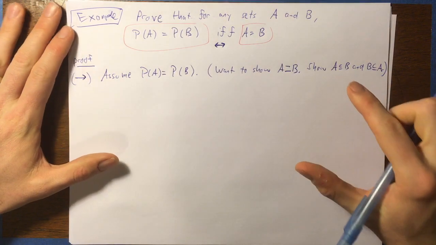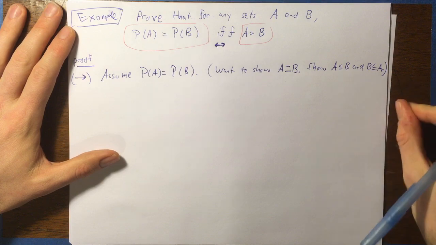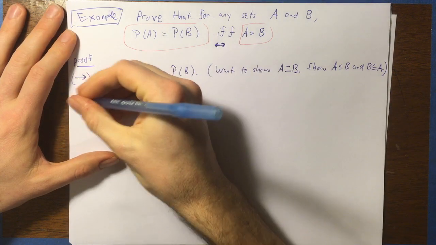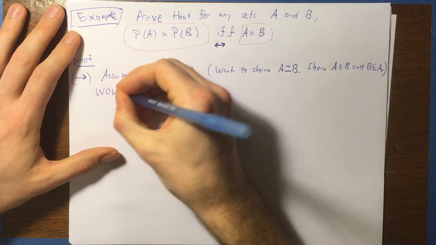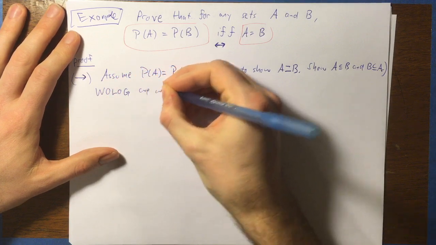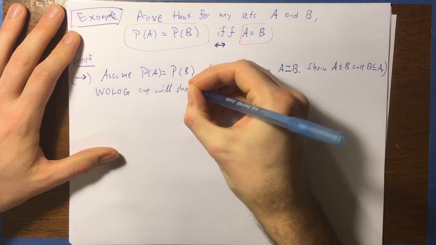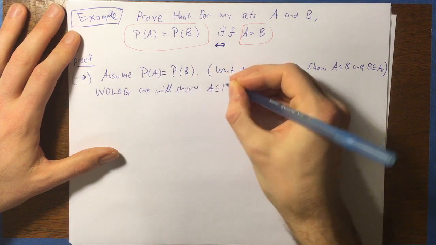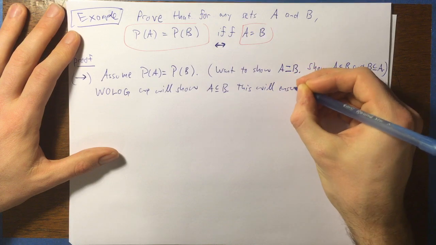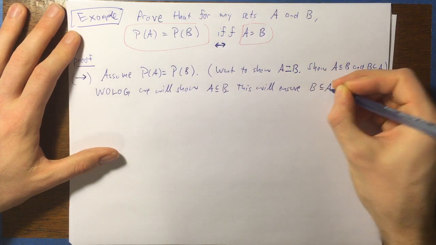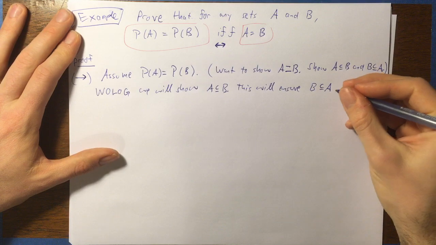This is a perfect situation to use without loss of generality. So I'm going to say WLOG, we will show A is a subset of B. This will ensure B is also a subset of A by symmetry, essentially.